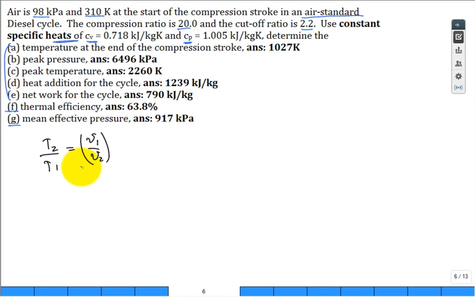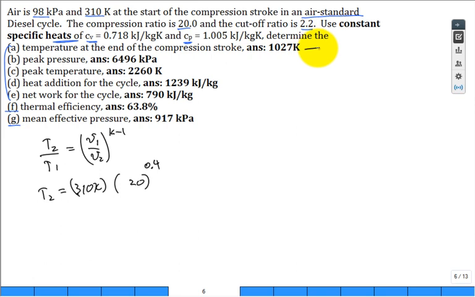Anybody remember that equation? It's assuming ideal gas, constant specific heats, undergoing an isentropic process, to the k minus 1 exponent. Yeah, right. And so what is this? This is our compression ratio. So T2 is equal to T1, in this case 310 Kelvin, times the compression ratio 20 to the 0.4 power. And you should get this temperature.